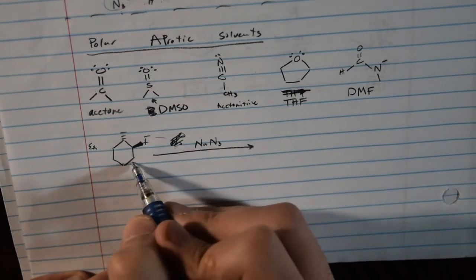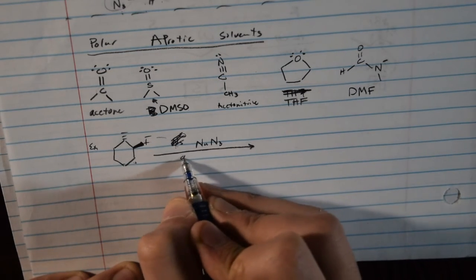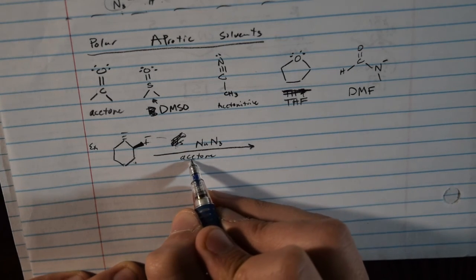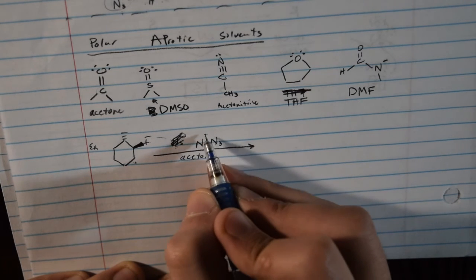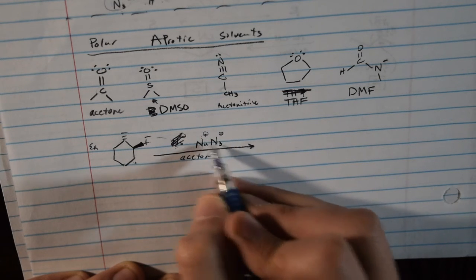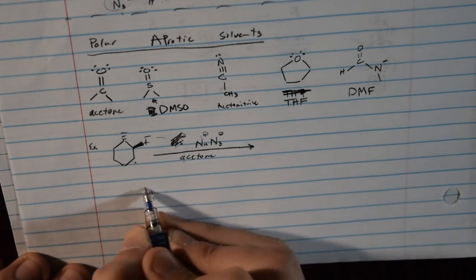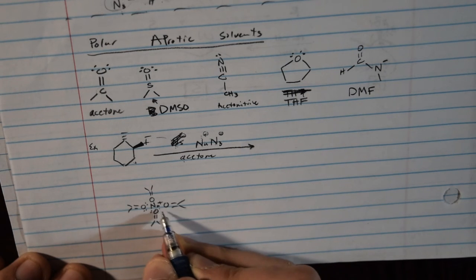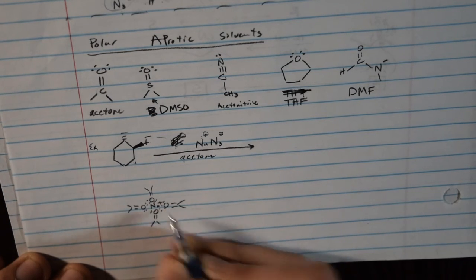Then we put it in a polar aprotic solvent with our reactant. So we put it in, let's say, acetone. What the acetone will do is, sodium azide is Na plus and N3 minus, together in a salt form, and the acetone will solvate the sodium and the azide.